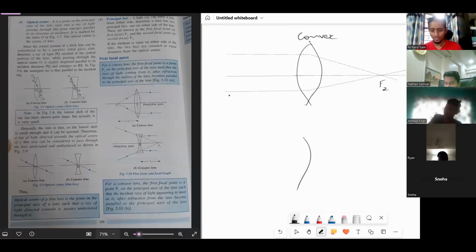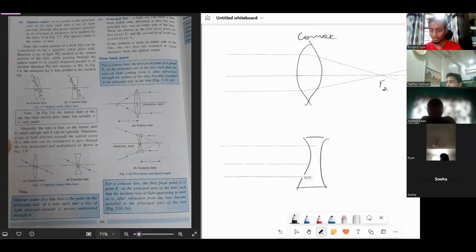Now a concave lens. In a concave lens also we'll draw parallel rays of light. What happens to these rays of light? They will, what's the correct word? Diverge. So where do they actually meet? Backwards, right?